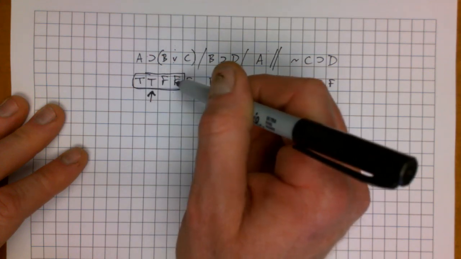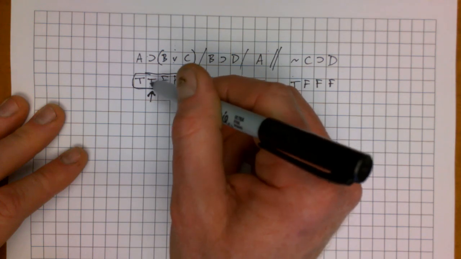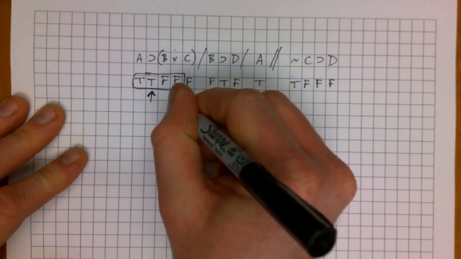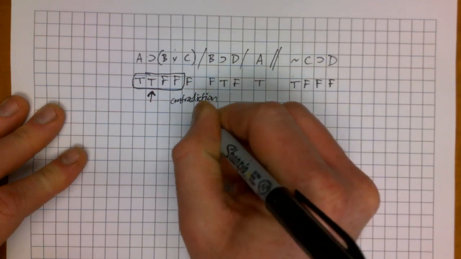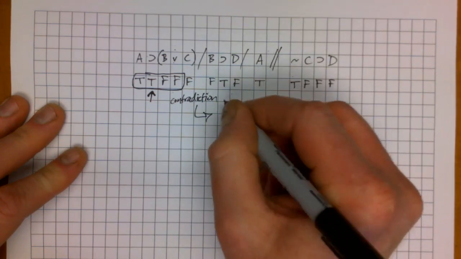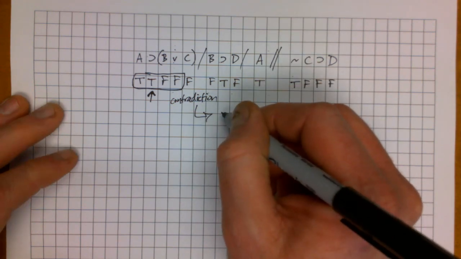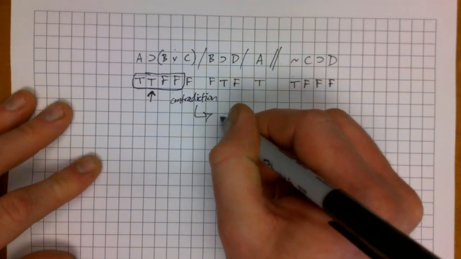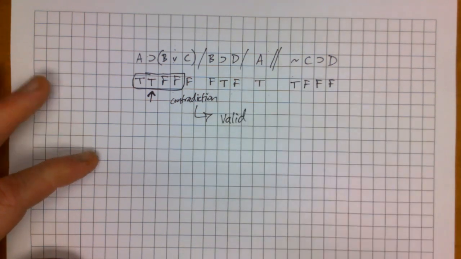So I have a true antecedent and a false consequent, and yet I'm committed to the claim that this is true. So this is a contradiction. And so what I've proven is that on the assumption that the argument is invalid, I reach a logical contradiction, so the argument is valid.